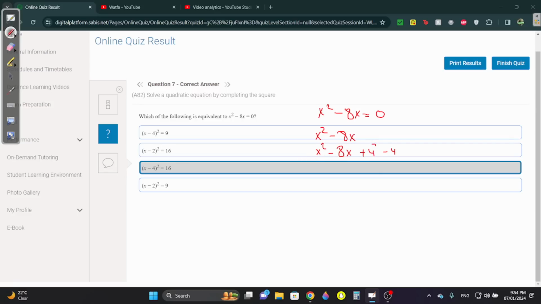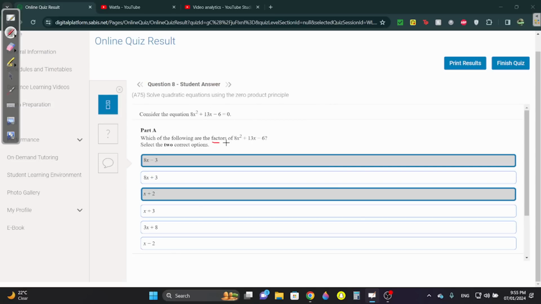Plus and minus the square, so plus 4 squared minus 4 squared. It becomes x squared minus 8x plus 16 minus 16. Factor these three, you get (x minus 4) squared. Then you have this minus 16 outside, and this all equals 0. Take 16 to the other side, you get (x minus 4) squared equals 16, which is this answer.